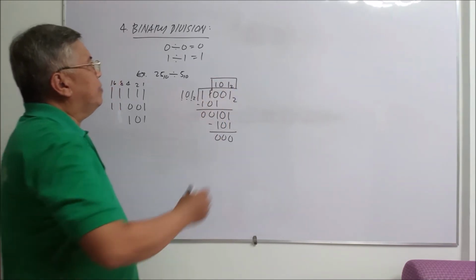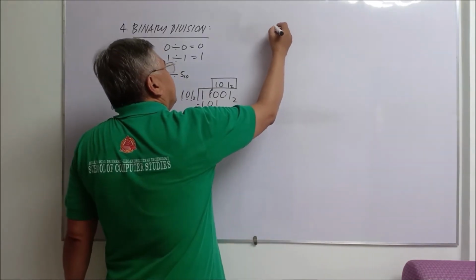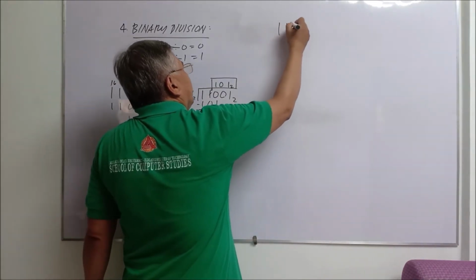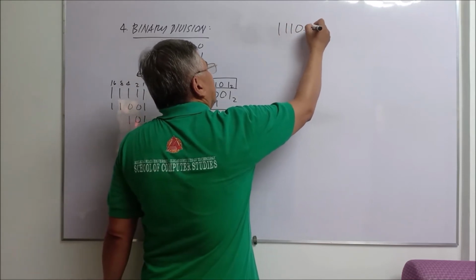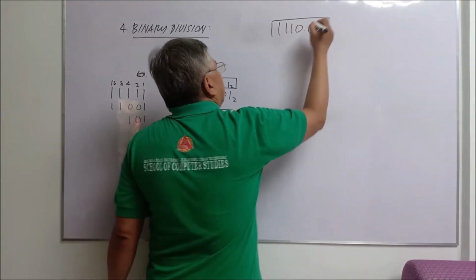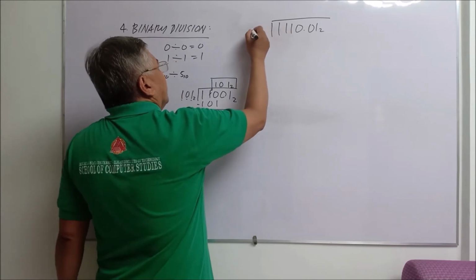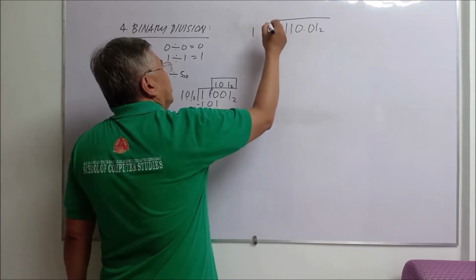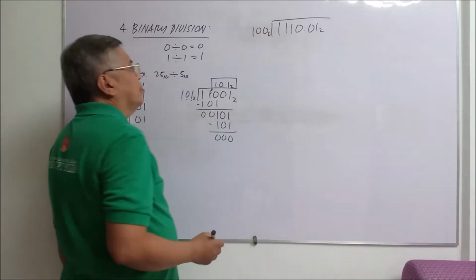Okay. Let's have another example. Let's say 1110.01 of base 2. We want this divided by 1, 0, 0 of base 2. Okay?